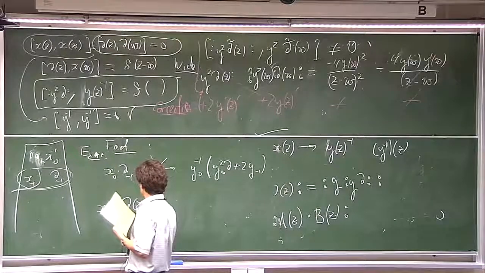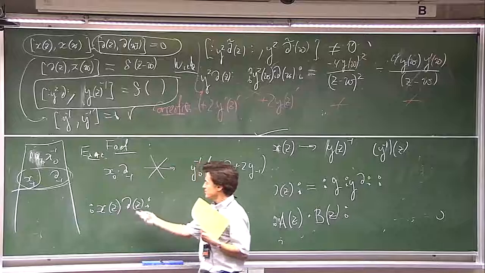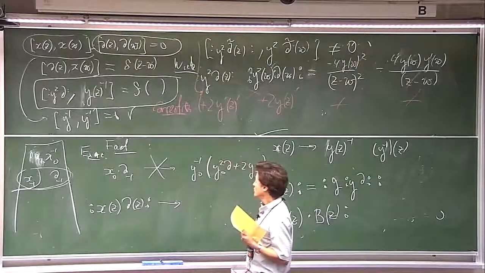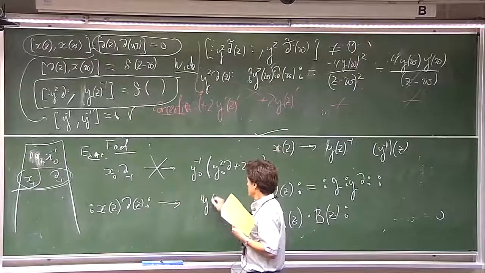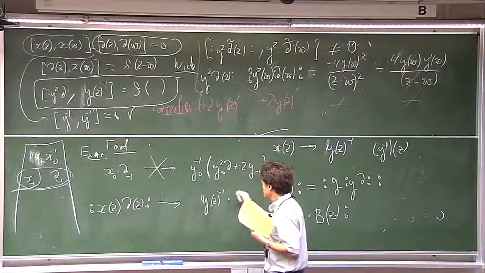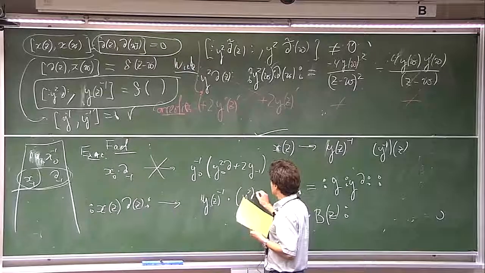What's built into the construction is that the normal ordering product, it's part of the structure of the algebra, is preserved. So this will go to y0 inverse times the image of y squared d plus 2y prime.